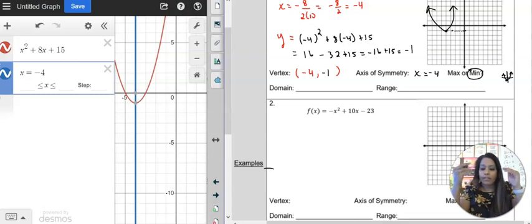Well, if I look at the graph, yes, it's going up, but if you notice, it's getting wider, meaning it's going left and right. And since it's going to go off to infinity, it means that it's going to keep going to infinity on the left and infinity on the right. So negative infinity to positive infinity, it covers all of the x-axis. To say that, we say all real numbers, okay?